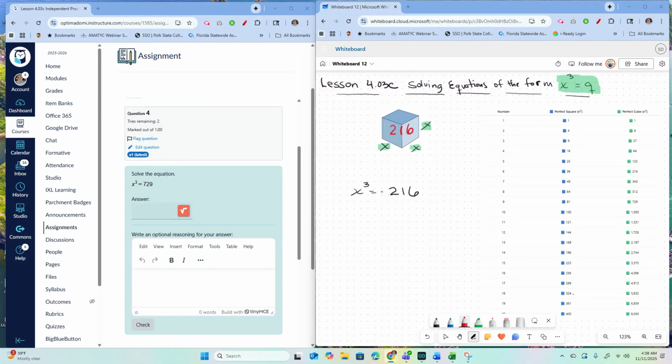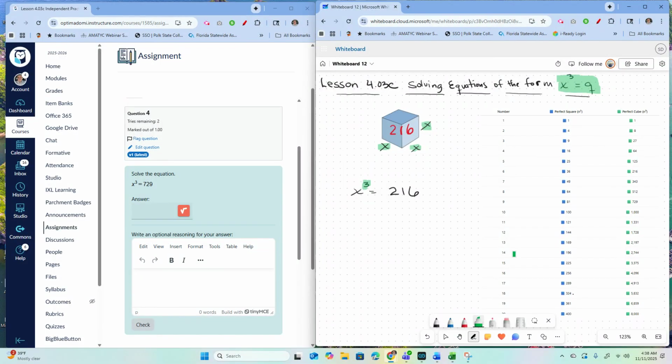When you see the x with the exponent 3, imagine a cube where 216 is inside the cube, and you want to find the edges of the cube. How much are the sides of this cube? We call the lines edges. Basically, you're looking for one number that multiplied 3 times by itself will give you 216.